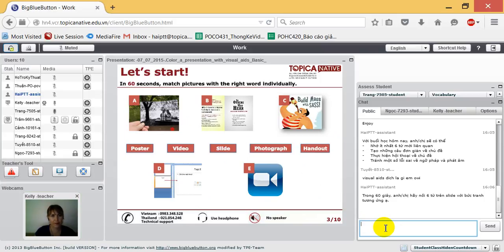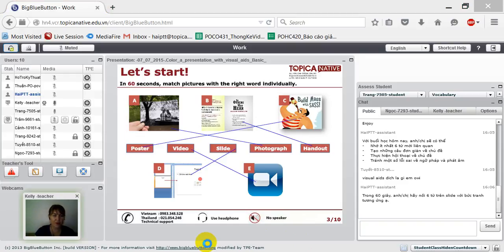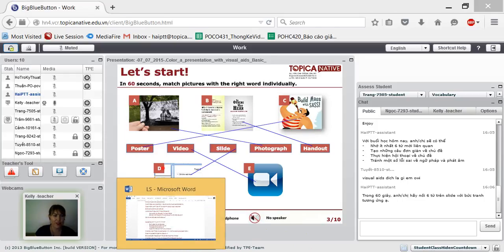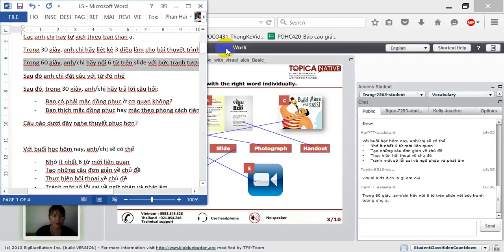Yeah, I think picture A match photograph. Yes, that is correct. It matches the word photograph. All right, thank you. And Tram, what does picture B match with? I just want everybody to quickly practice the pronunciation and just read all 5 of the words back to me.